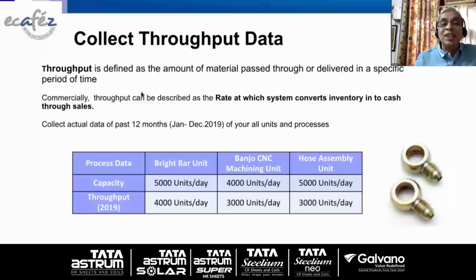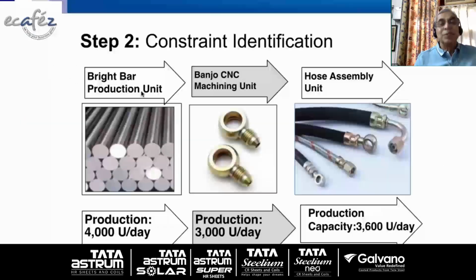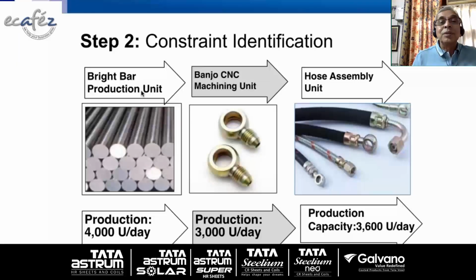So the constraint here basically comes to the Banjo machining unit. Bright bar can supply much more. There is no constraint of supplying the bright bar raw material for Banjo machining. Assembly unit can assemble more, but it was not able to get the Banjo. This is a component as shown. It is not being produced in enough quantity in the company.